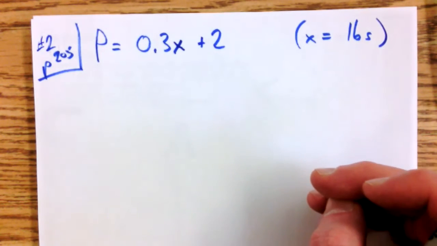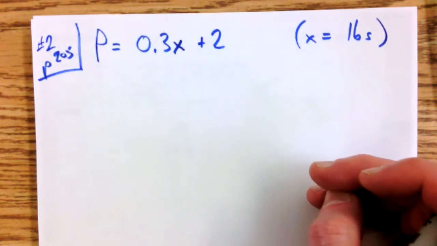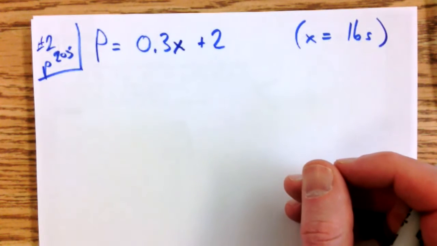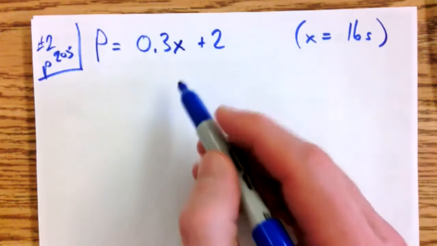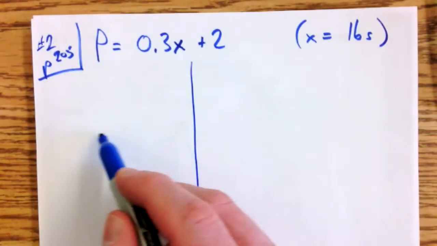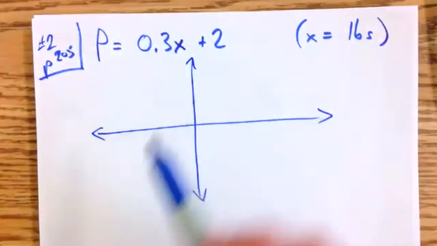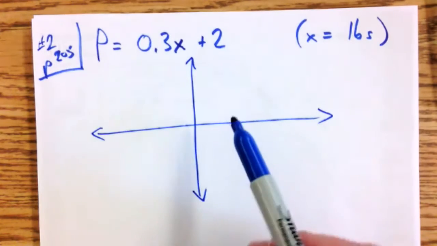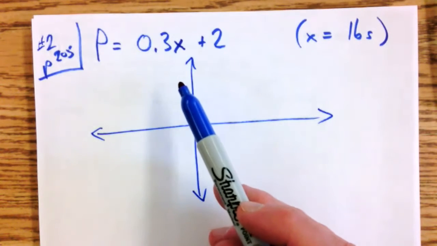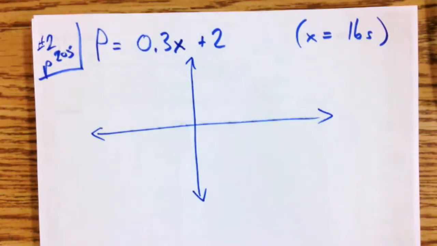Do you need me to graph it, or was that the hardest part of it? Well, I got the 2 on the graph, but then. Yeah, the slope is wonky. Again, you'll get cleaner numbers from me. But that slope is a rise of 0.3 over a run of 1, or a rise of 3 over a run of 10.